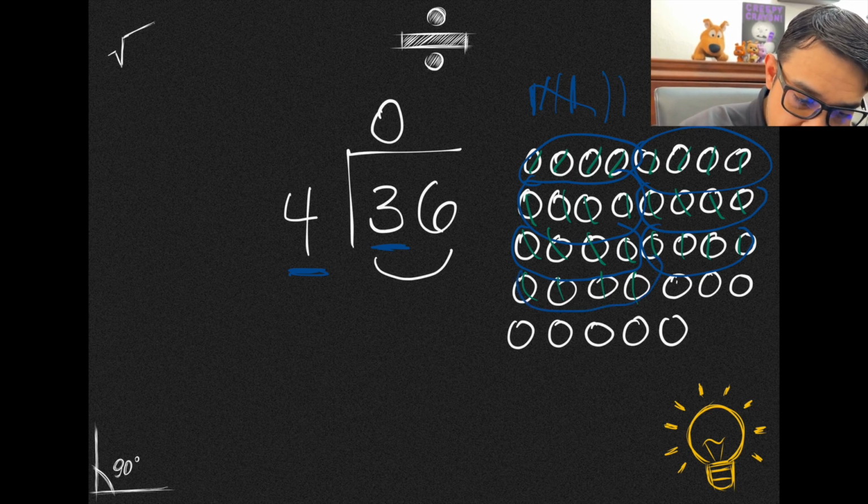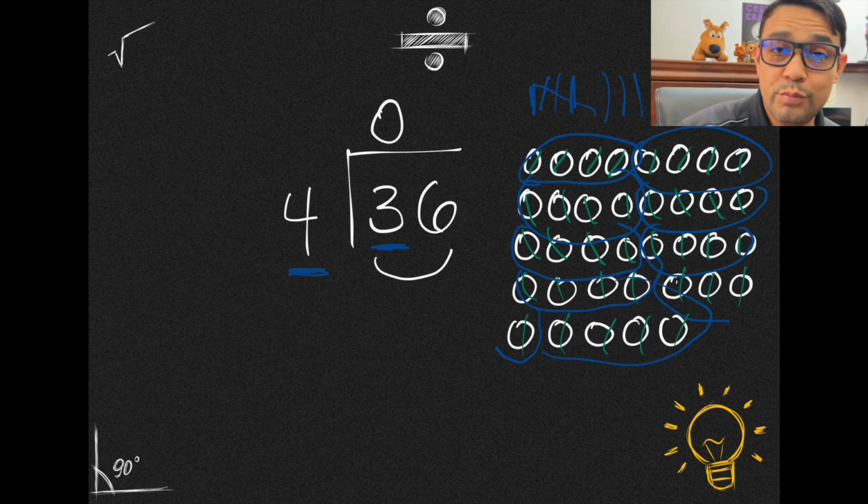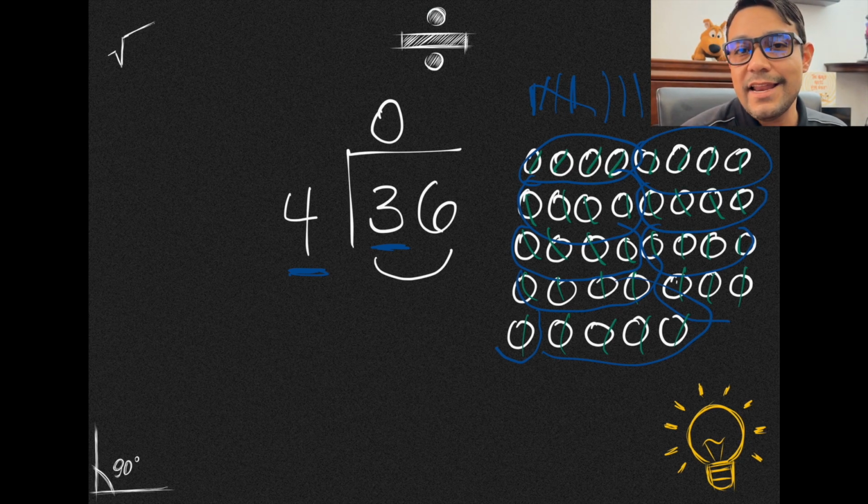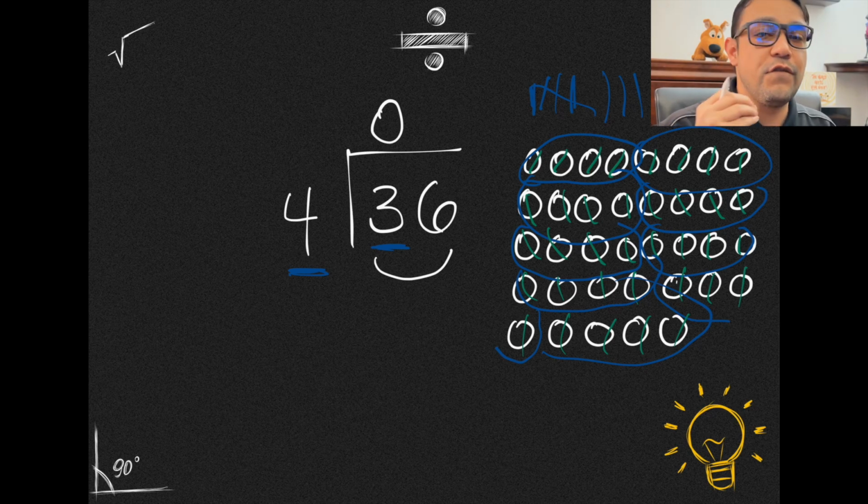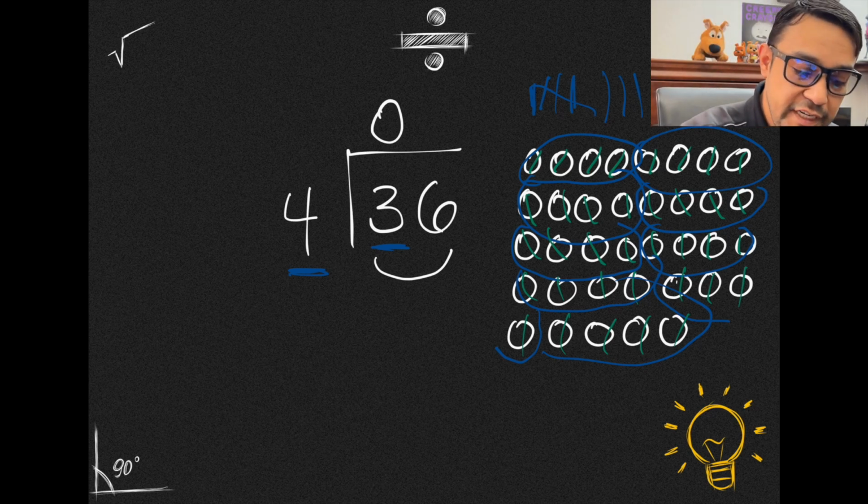There's 7 groups. There's 8 groups. 9 groups. So I was able to take 9 groups of 4 out of 36.